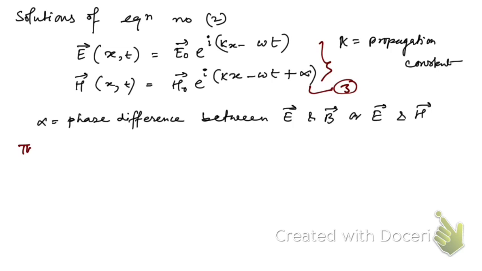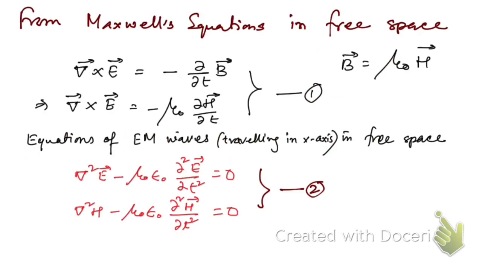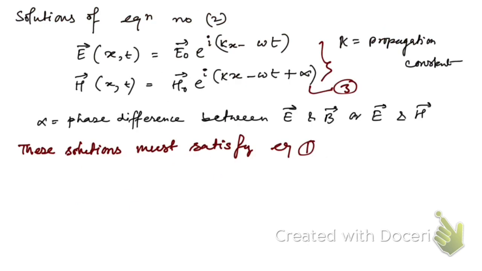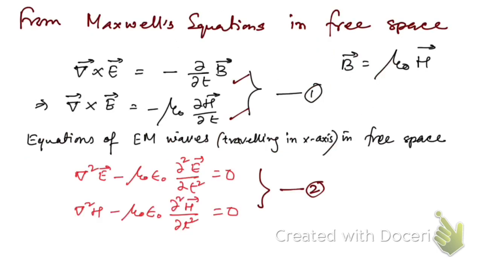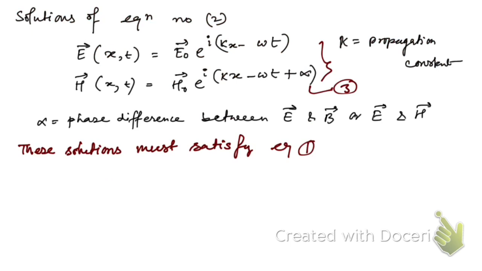So these solutions must satisfy equation number 1. What is equation number 1 here? This Maxwell equation. So they must satisfy equation number 1. Let me copy this equation number 1 and write it here.